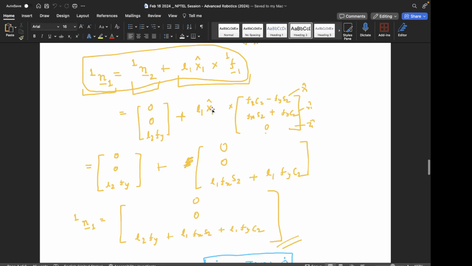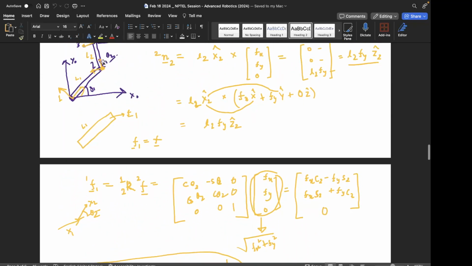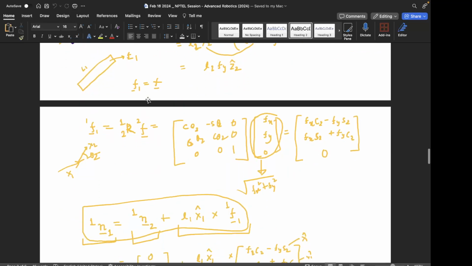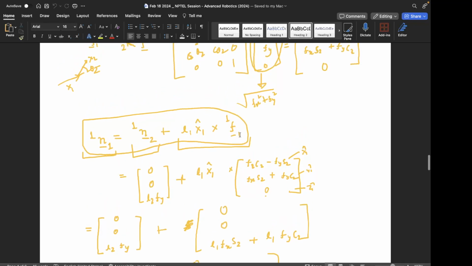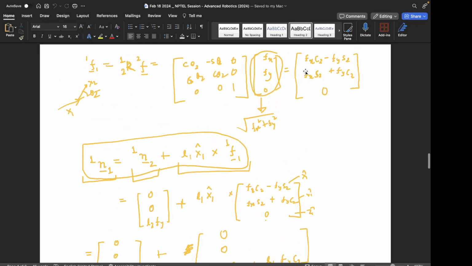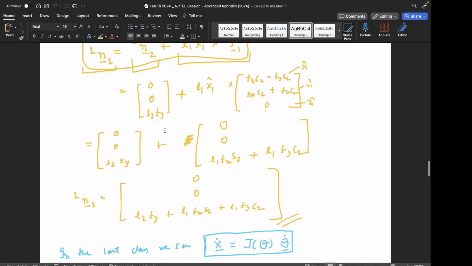Plus L1 x1 cap, which is the position vector of the point of application of the force, at this joint and from the origin of frame 1, in the x1 direction. L1 x1 cap crossed with the force F1 expressed in the first frame, which we just calculated here. So we put the same value here.